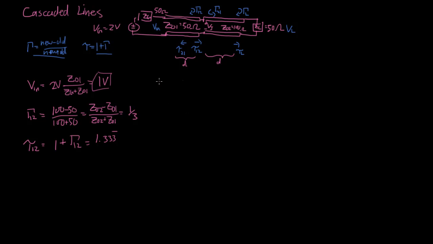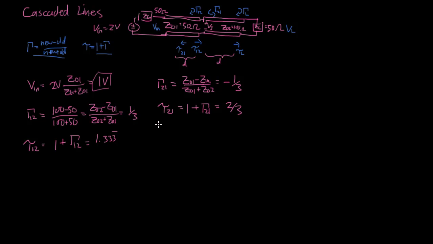Next up, the reflection coefficient from 2 going to 1 is going to be equal to Z01 minus Z02 over the sum, which is going to be equal to minus the value here, which is nice and convenient. And tau 2 going to 1 is still going to be equal to 1 plus gamma 21, so it's going to be equal to 2/3, 0.666.